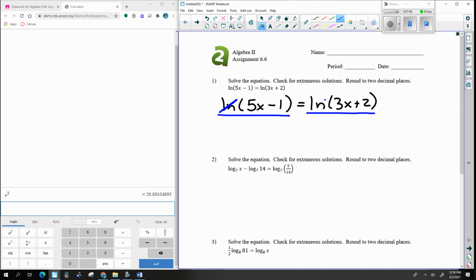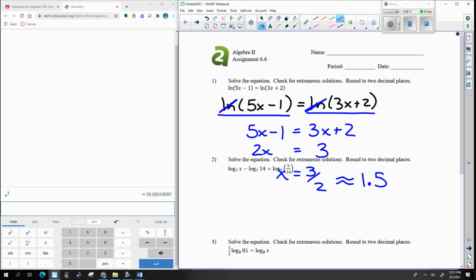So I can just eliminate these natural logs, which leaves me with the math problem of 5x minus 1 is equal to 3x plus 2. And then this is pretty simplistic from here. I subtract 3x from both sides, add 1, divide by 2. And there you go. Easy peasy lemon squeezy.